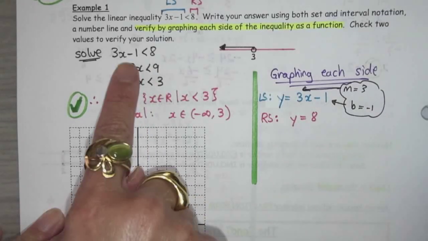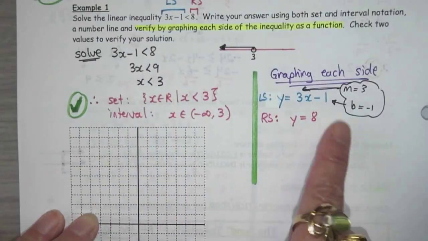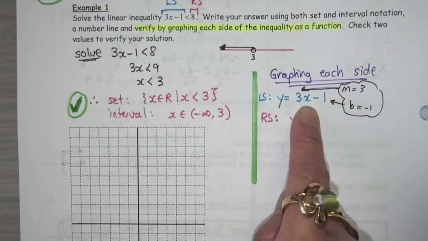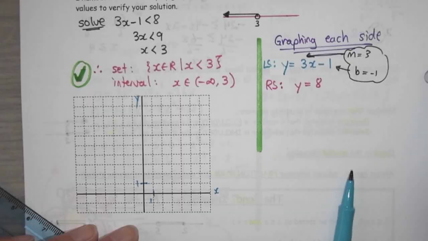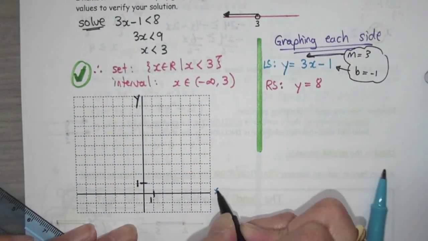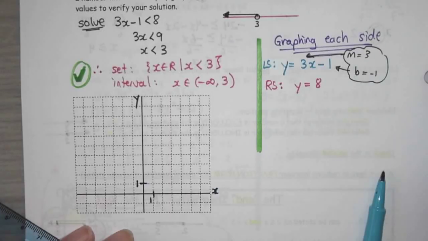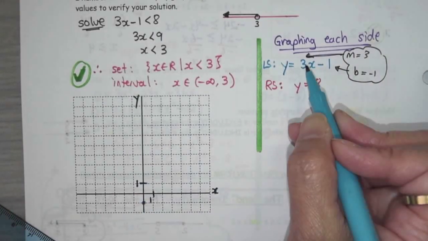When we solve this inequality, 3x minus 1 is less than 8, we're actually doing 3x minus 1, which is a line. I'll do that in blue, so it's going to be y and x. I'll go by ones. Its y-intercept is negative 1. The slope is 3.